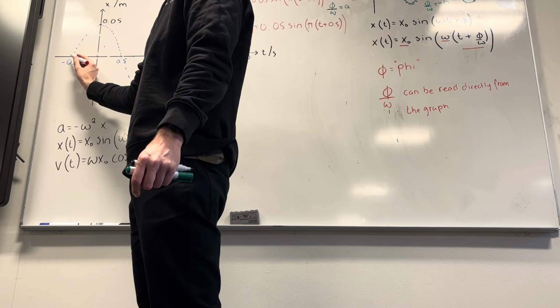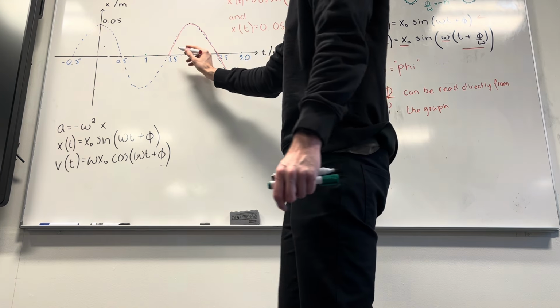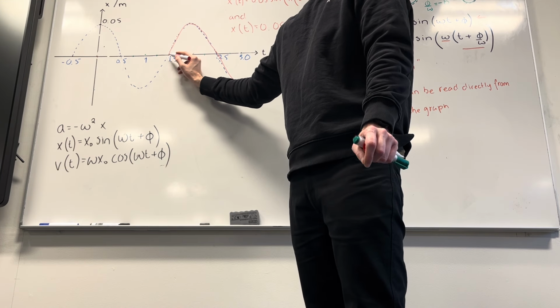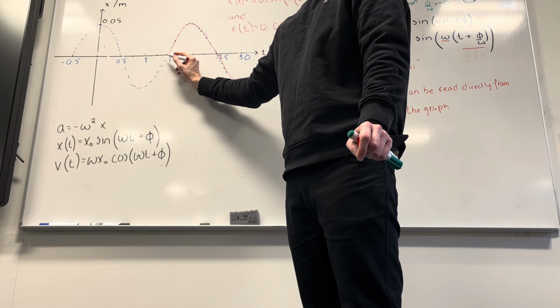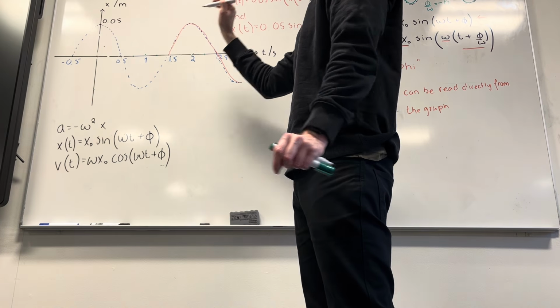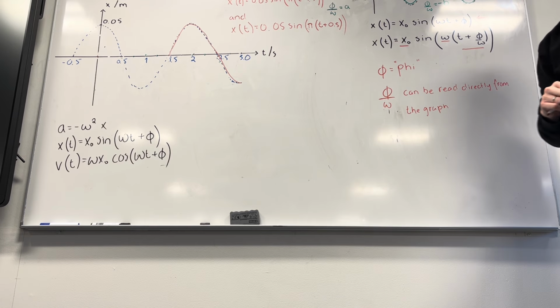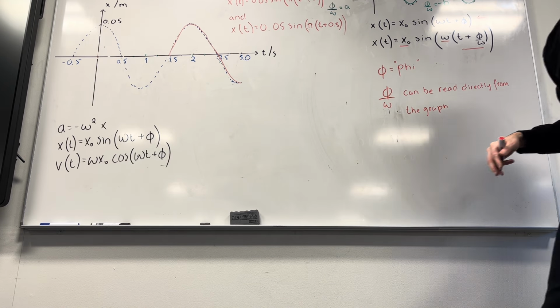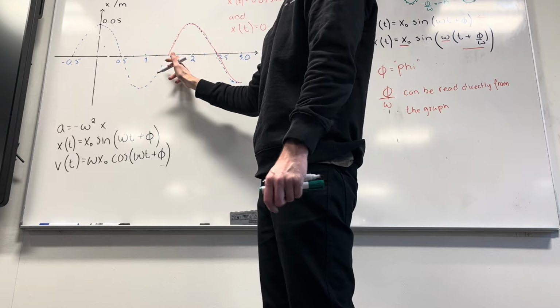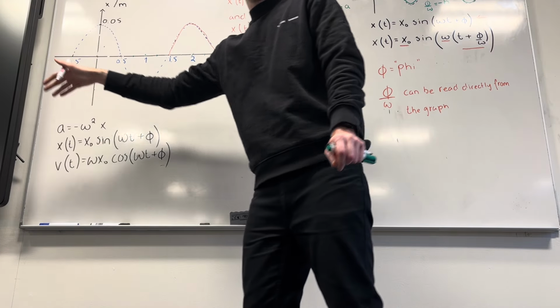It would start off at equilibrium. If I started my clock 1.5 seconds later, it would start at equilibrium. So then I do minus or plus, depending on what direction. So I just think to the right, negative, to the left, positive.